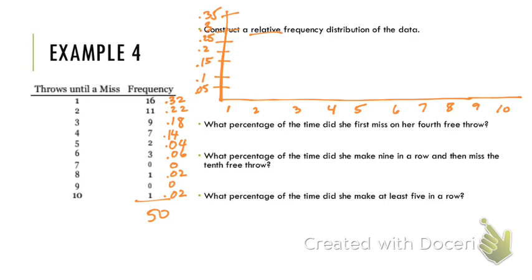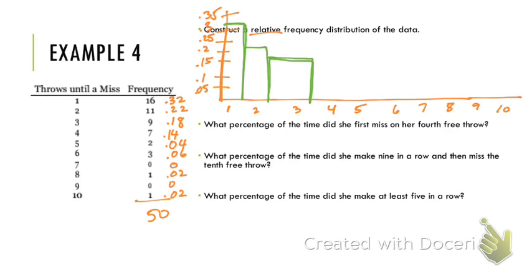And remember, my bars need to touch. So for 1, I'm going to draw up to 0.32, make a bar. For 2, I'm going to go to 0.22. 3 is 0.18.